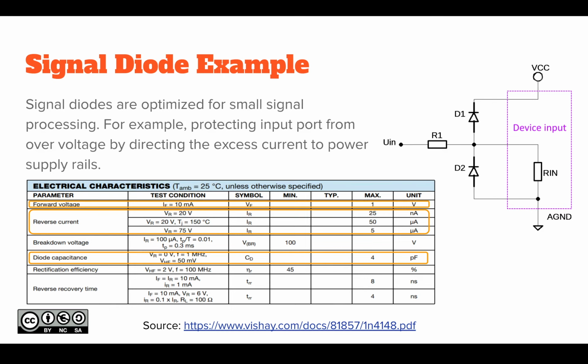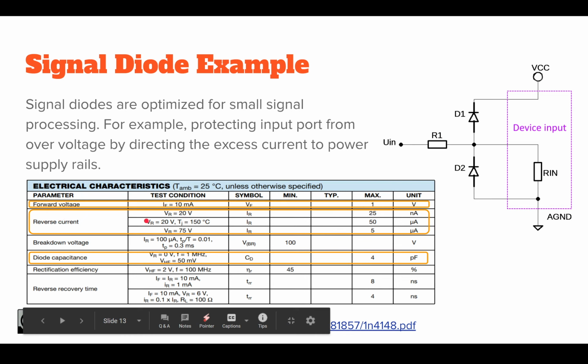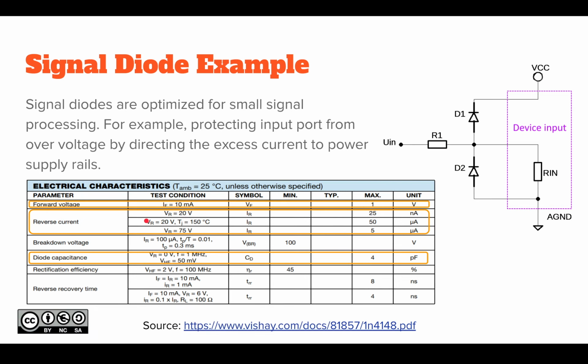I just put it there for curiosity to see also this reverse current, the leakage current. When you have reversed voltage, how much current actually flows through that diode, and well, those are pretty small. Even at 75 volts higher voltage on the cathode side, you still have just 5 microamps leakage current. That's not much at all.